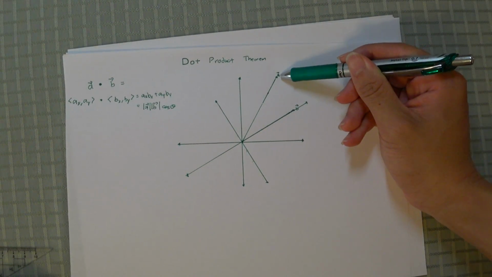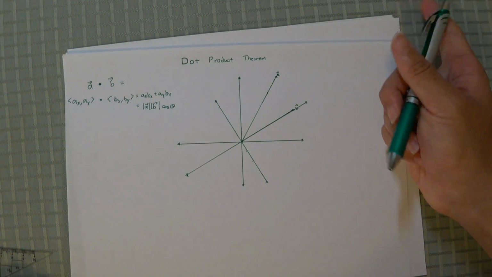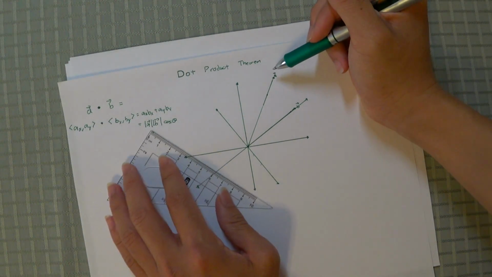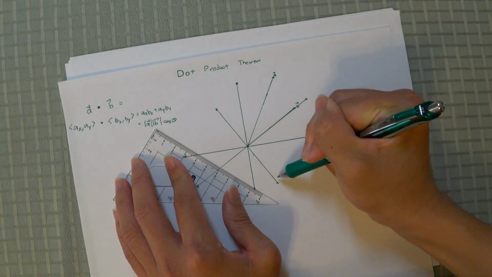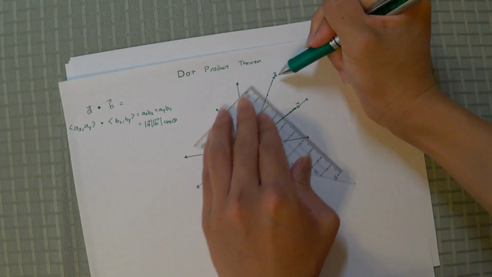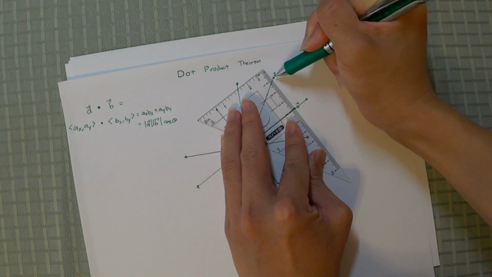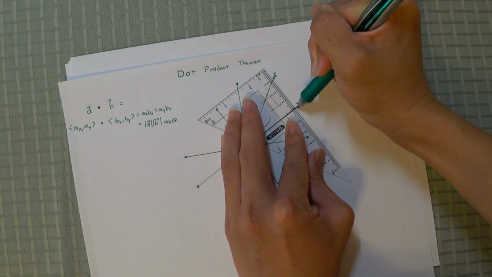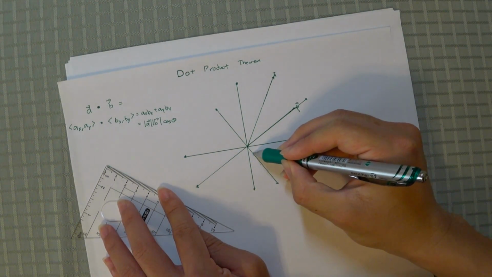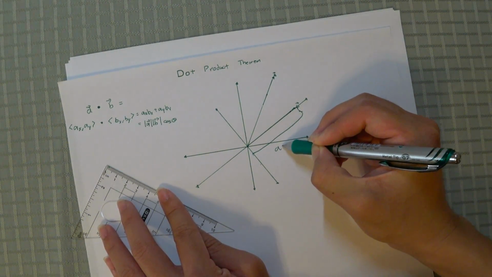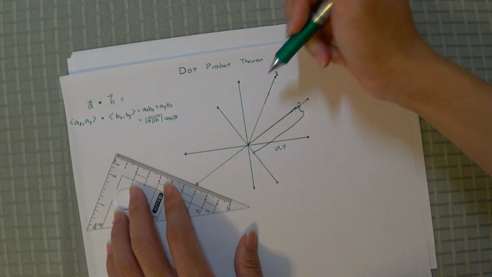Well, for vector A, this would be AX, right here. And then let's make this AY.